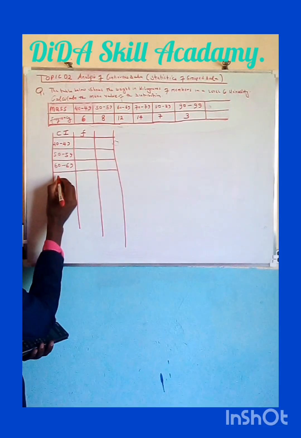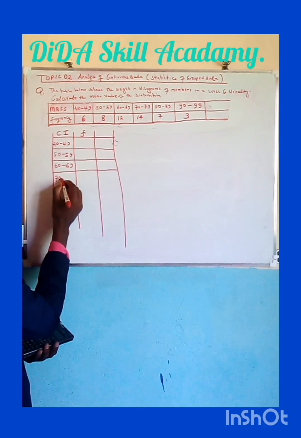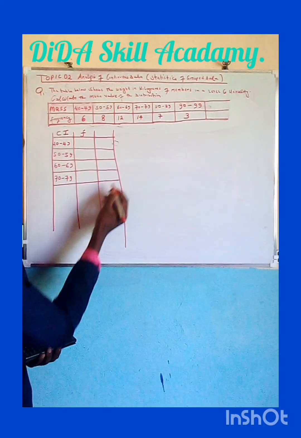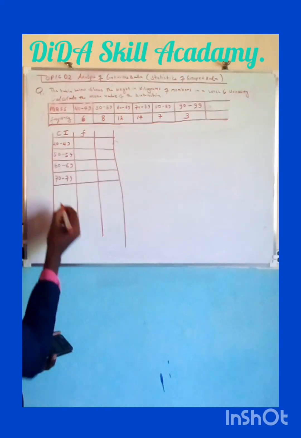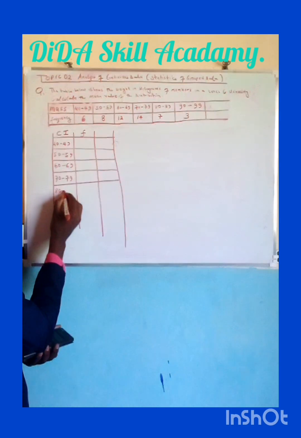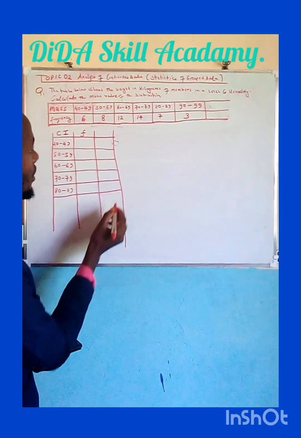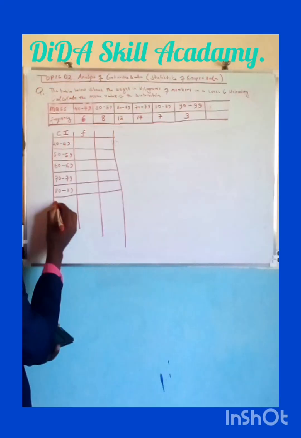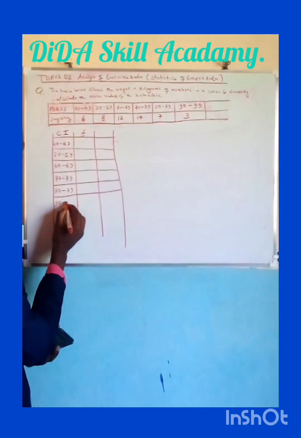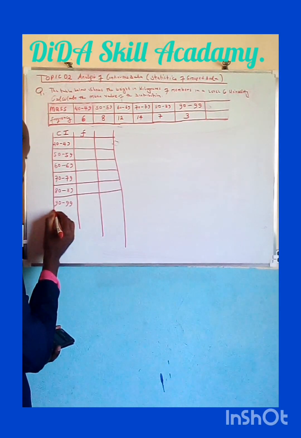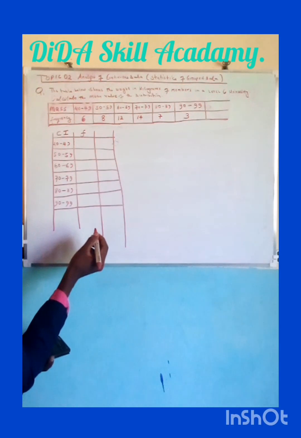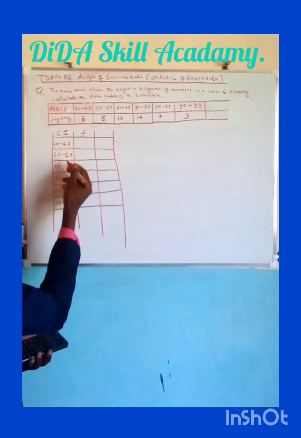The fourth is 70 to 79. The fifth is 80 to 89. And finally we have 90 to 99. So that is our class interval.